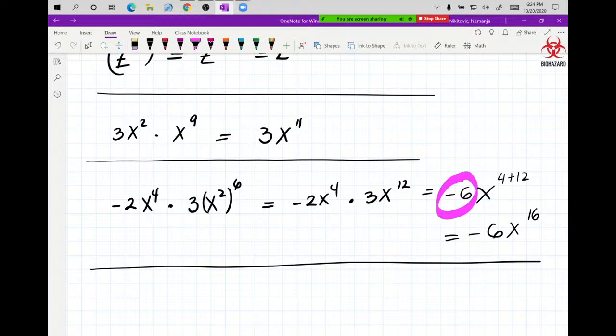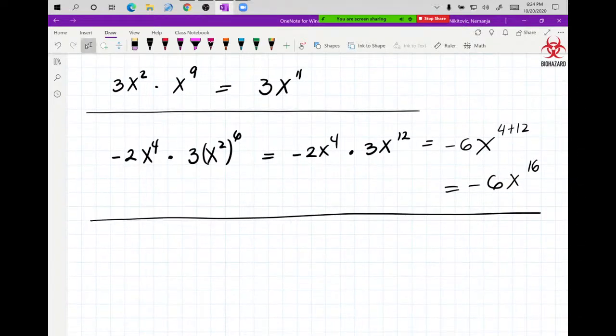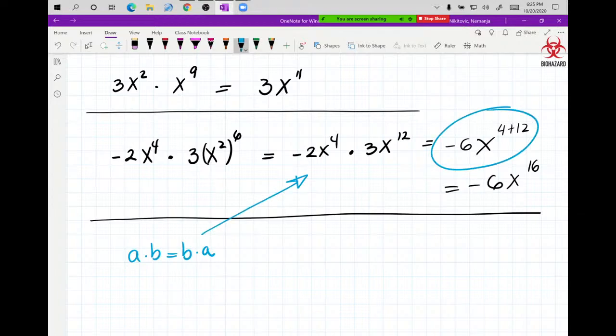Now, for those of you who want to understand why we're allowed to do this, I will remind you of the commutative rule from chapter 1. Commutative rule in chapter 1 said this: A times B is the same as B times A. And you know that, like 2 times 3 is the same as 3 times 2, both give you 6. So commutative rule works. Now, how's that commutative rule applied here so we can do this stuff?